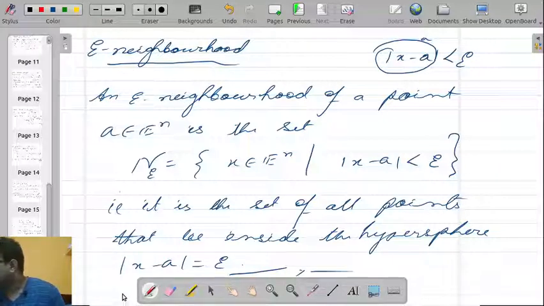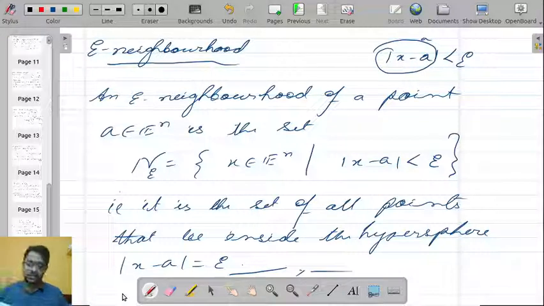An epsilon neighborhood of the point is defined as the set of points which lie inside the hypersphere with center a and radius epsilon.